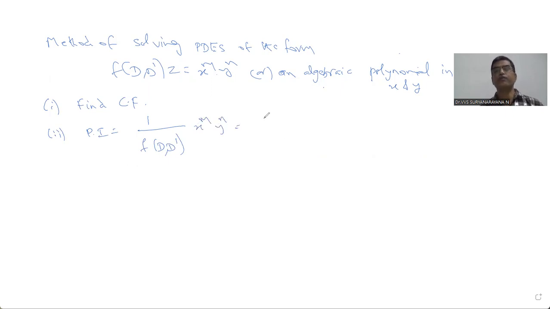Here what we'll do is, in the denominator, we will take out the maximum power of D as common. So take this as 1 by D square into some function of D' by D, of x power m into y power n, if f(D, D') is a second degree polynomial in D and D'.